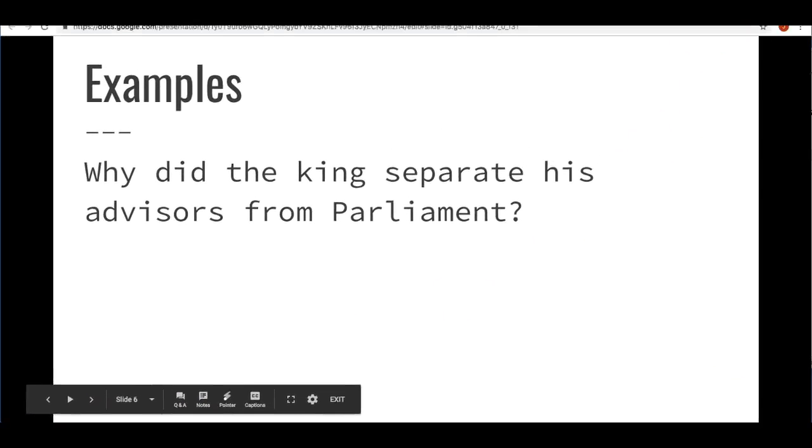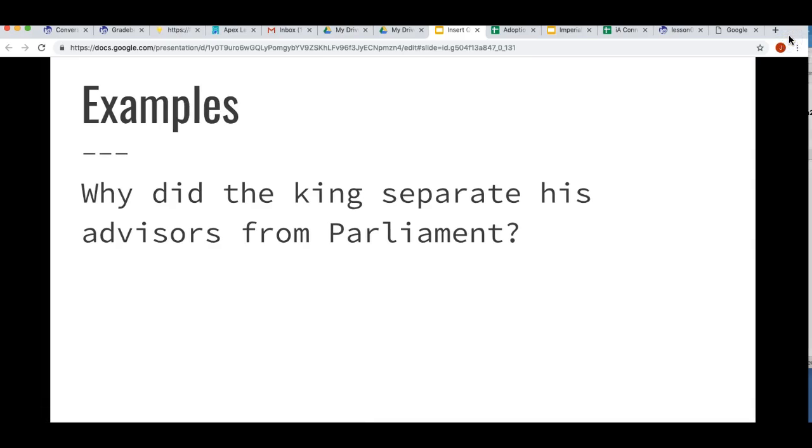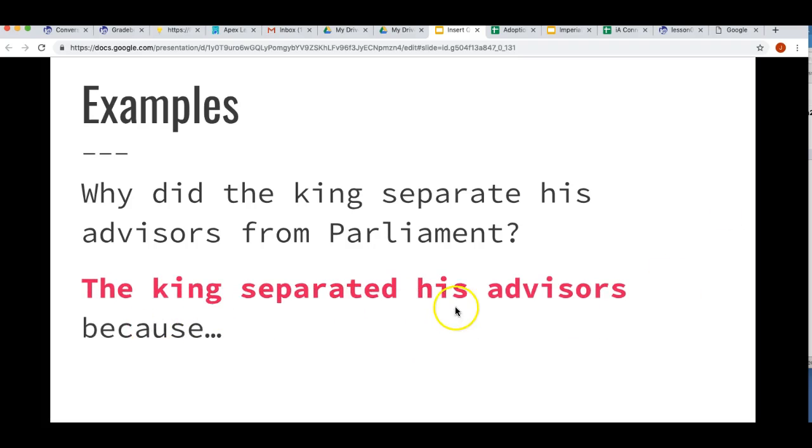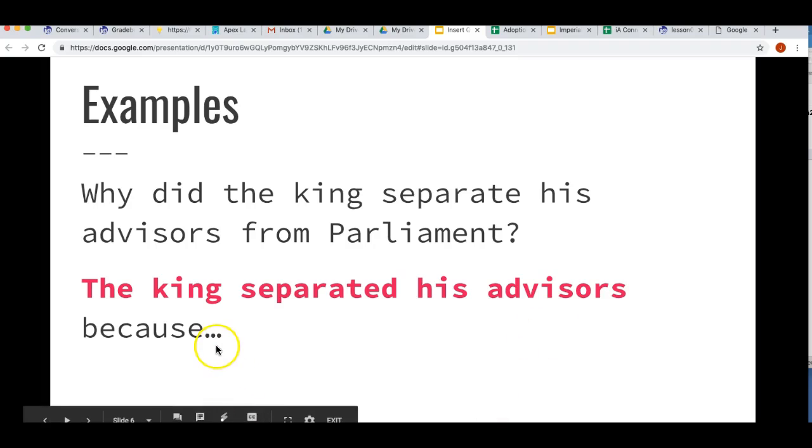Here's a why question. Why did the king separate his advisors from Parliament? How would you write the beginning of this sentence? The king separated, right? The king separated his advisors because, and then I made this question up. There really isn't an answer. That's why I left it like this.